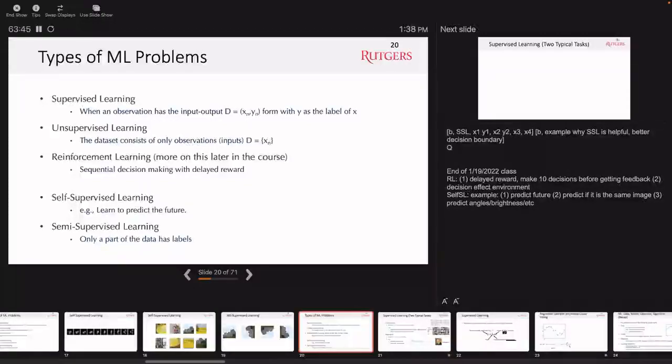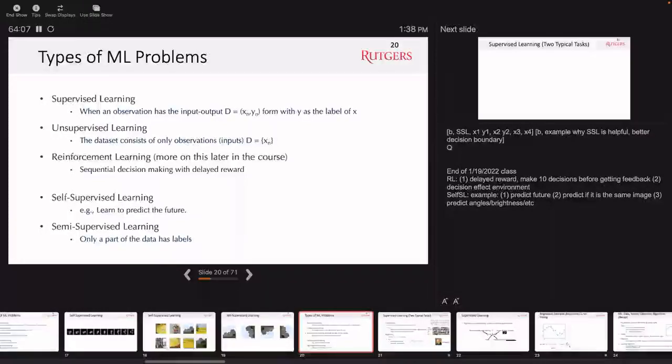More concretely, for example, your first data will be x1, y1, your second data will be x2, y2, and x3, y3 is your third data. But afterwards, you only have x, and you have no y's. So this is semi-supervised learning.